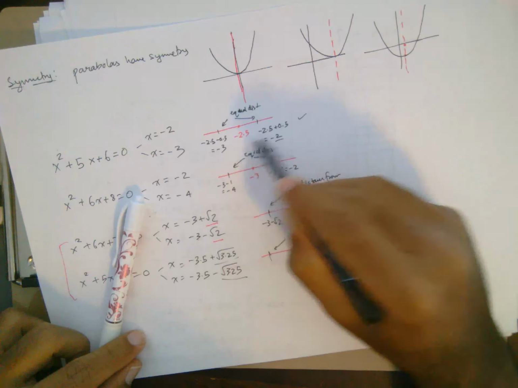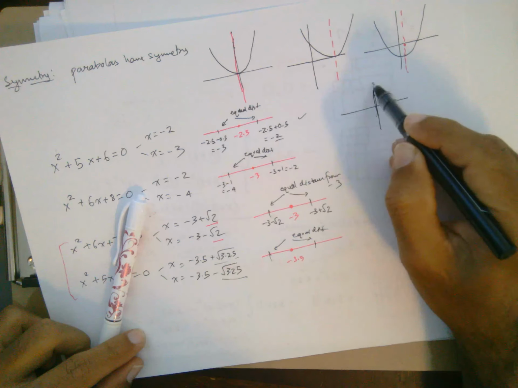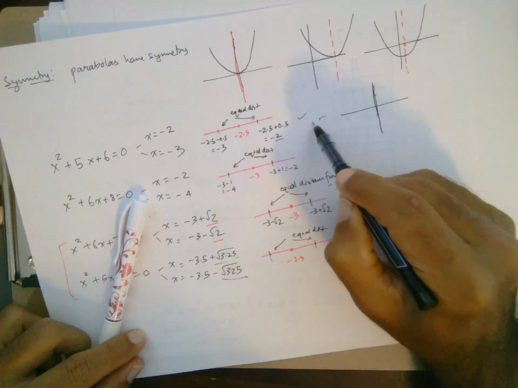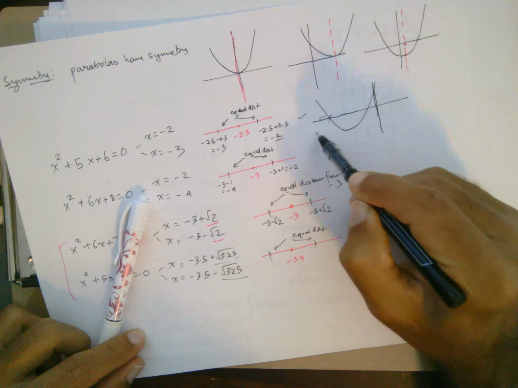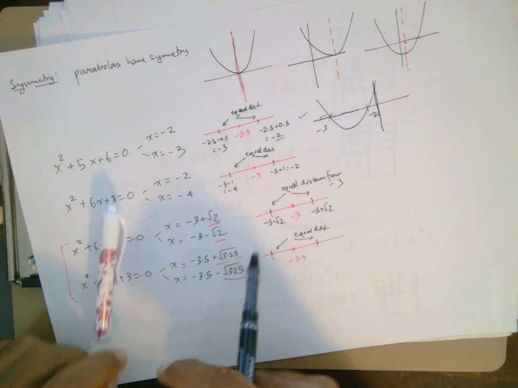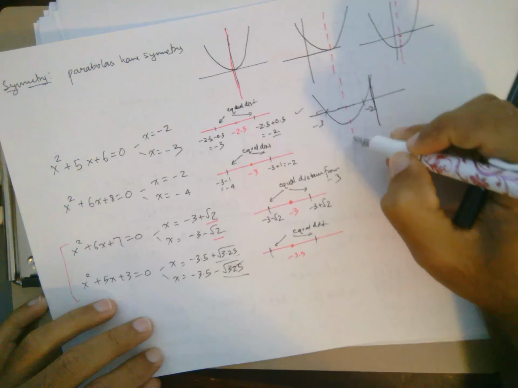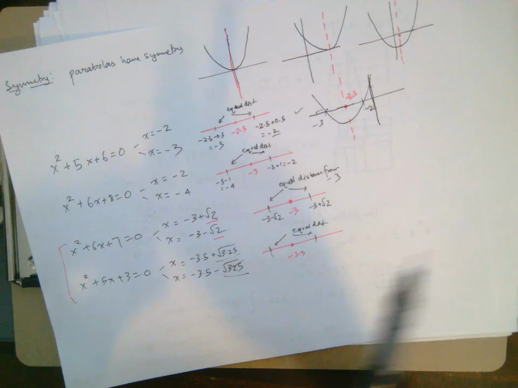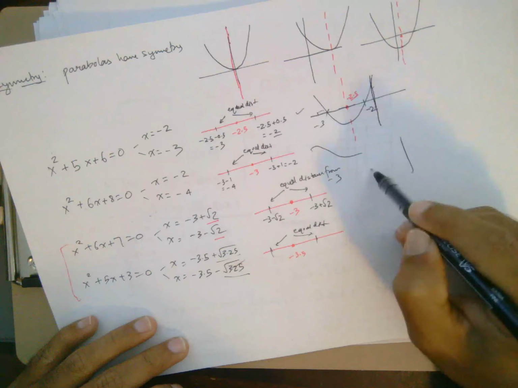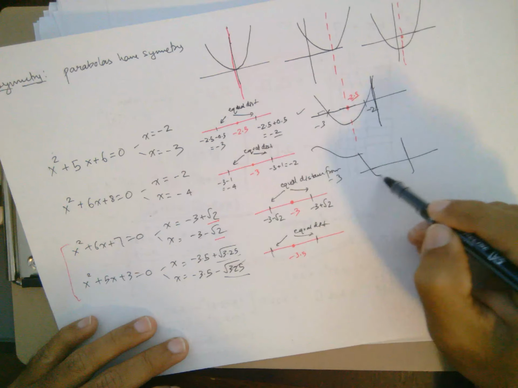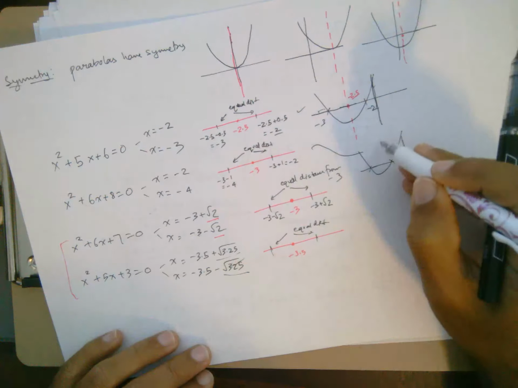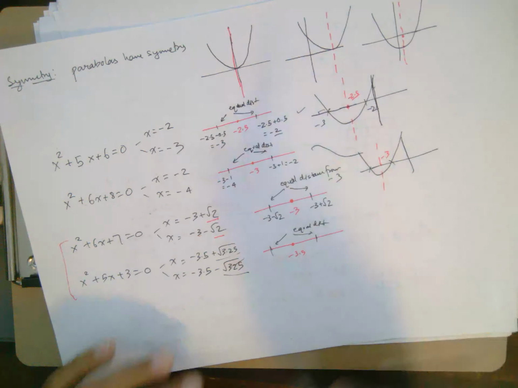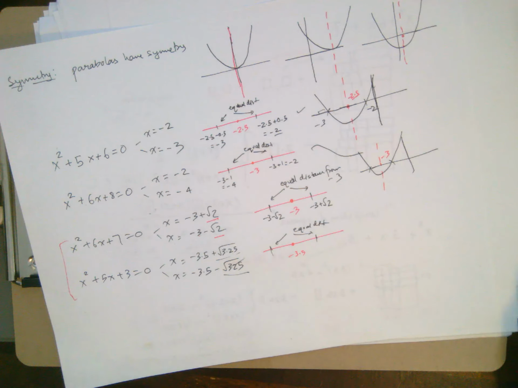So what's happening here? If you look at it graphically, if I were to plot this graph, it hits the x-axis at negative 3 and negative 2, and it's symmetric about this point, which is negative 2.5. Similarly, this one is negative 2 and negative 4, and the midpoint is negative 3. Now that's not a coincidence.